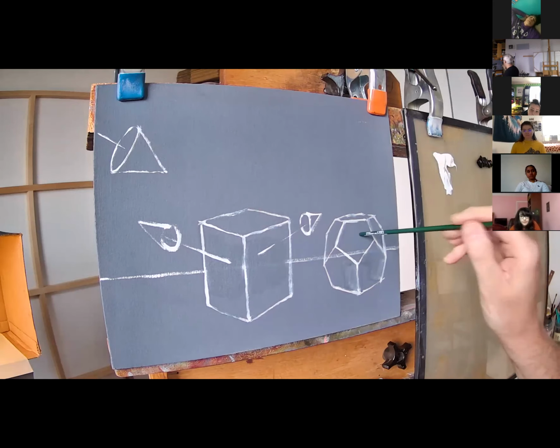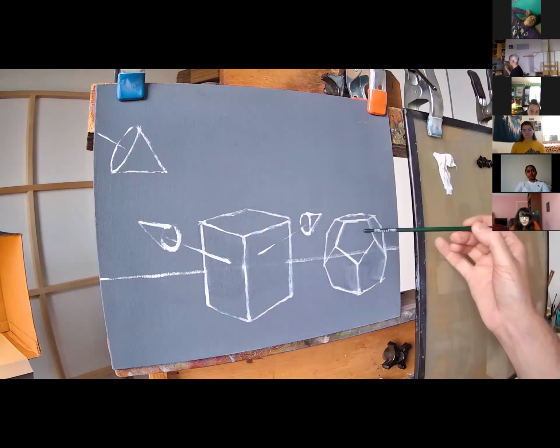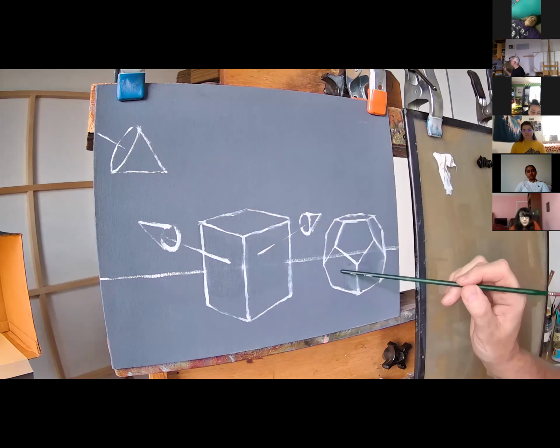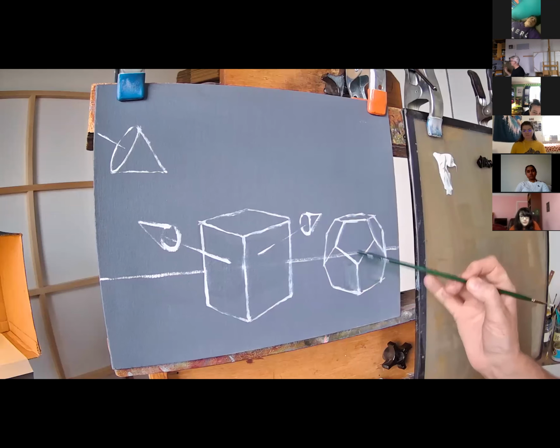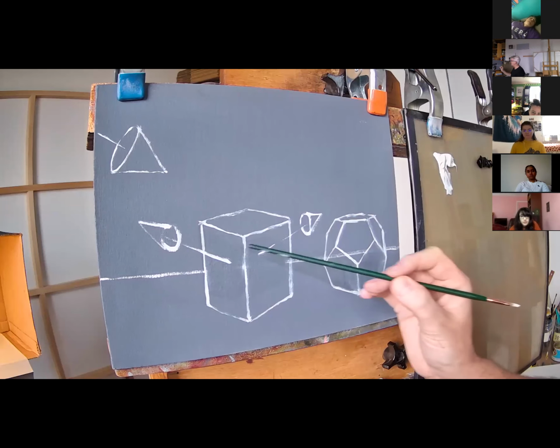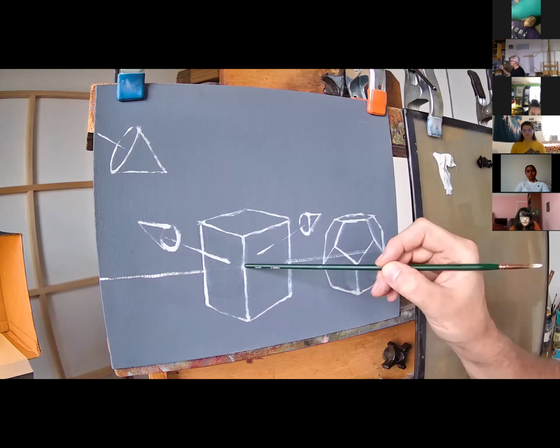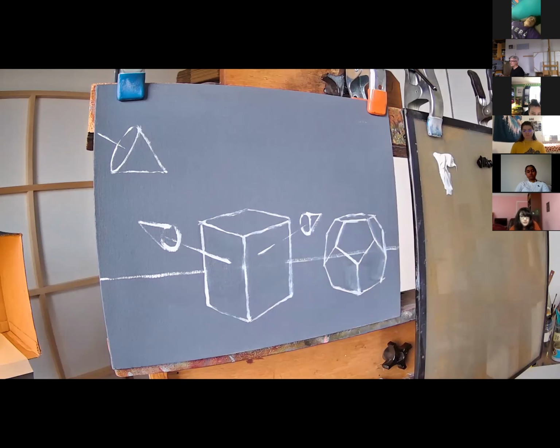We can say the same thing about the planes on the dodecahedron. So this plane is slightly facing up and towards us. This plane is facing down and moving away from us. The same way this plane is moving away from us from a point closer to us to a point further back in space.